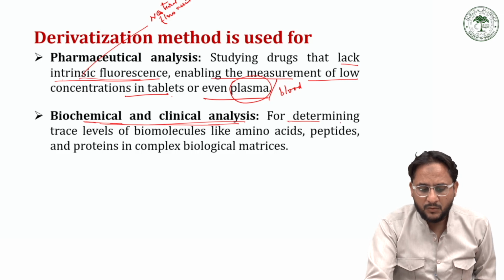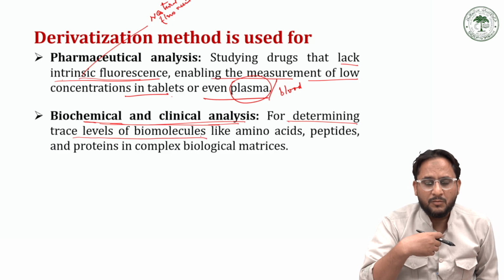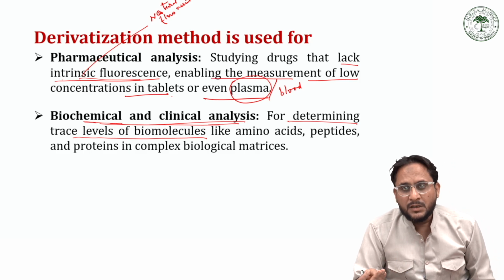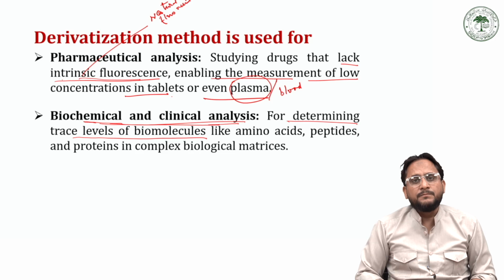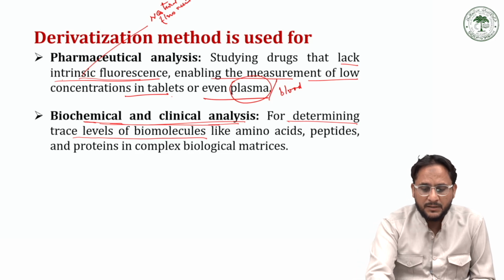So for that, we can even determine trace levels of biomolecules, meaning the molecules which are present in the body: glucose, and even some hormones and some neurotransmitters can be detected.